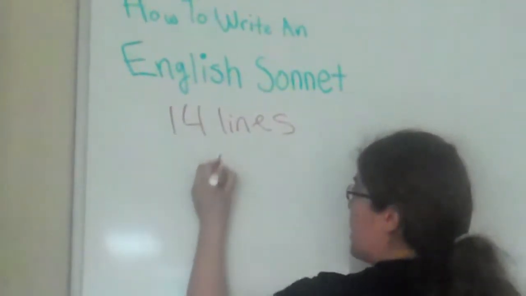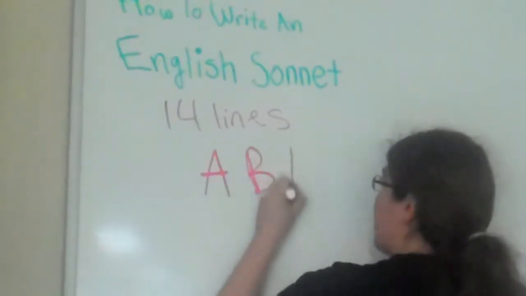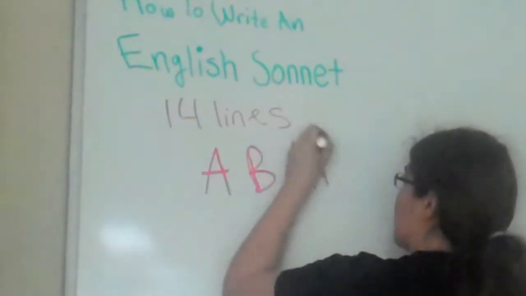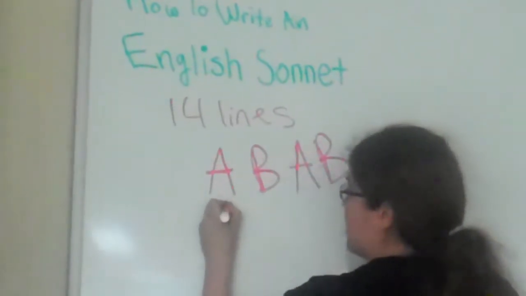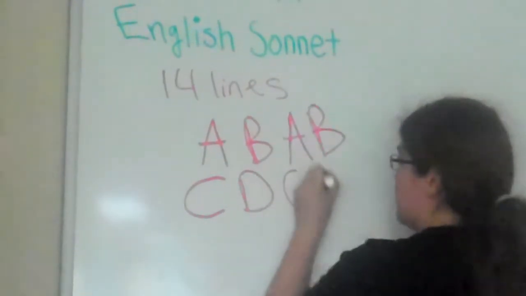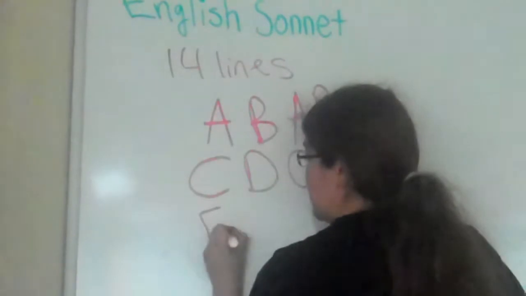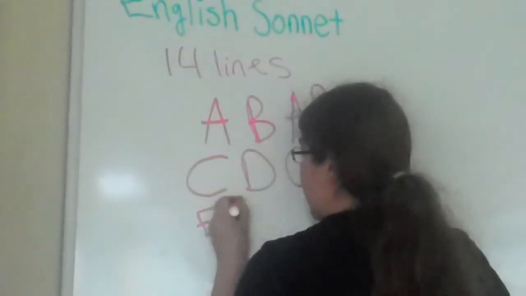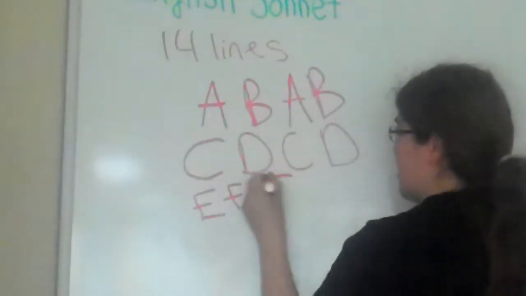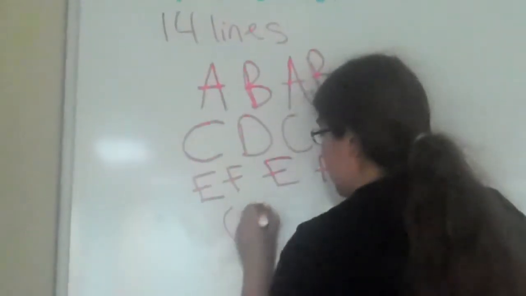It's A, B, A, B, then C, D, C, D, then for the third, E, F, E, F, then G, G.